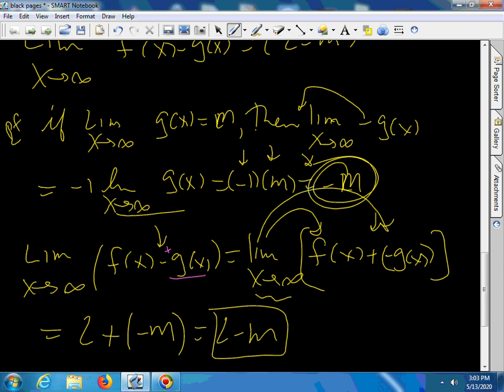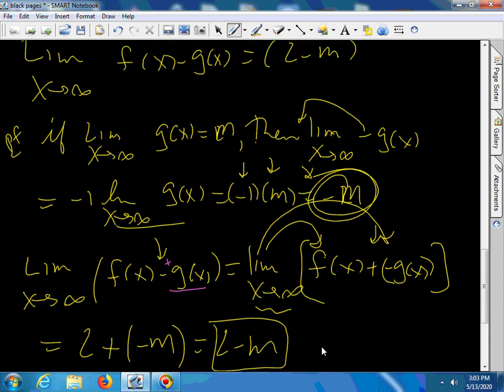Okay, so there's the proof of the sum and difference. Pretty neat.